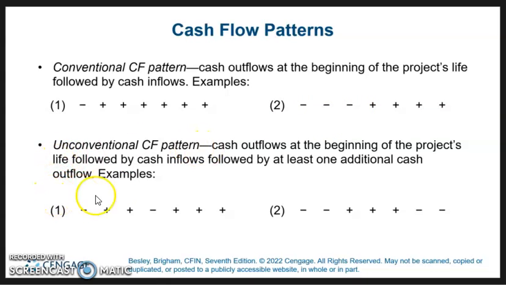So for unconventional cash flows, project 1 here has negatives in the first year and the third year, and then positives every other year. The second one here has negatives at the beginning, the first 2 years, and then the last 2 years. That would be a strange one, but it is not uncommon for a project to have negatives at the end of its life.